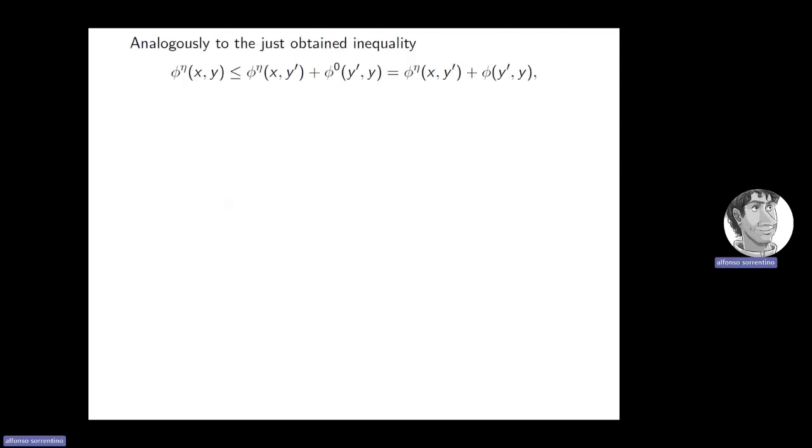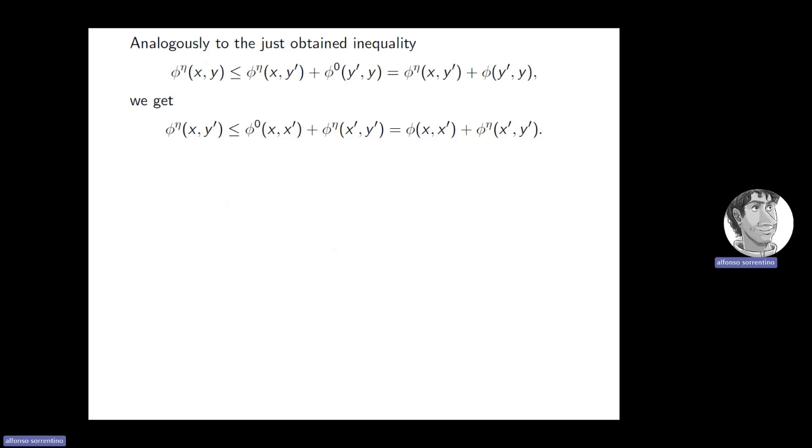So we just obtained this inequality. We can also get phi eta of xy prime less than phi 0 of xx prime plus phi eta of x prime y prime in the same way, but here we write eta as 0 plus eta instead of eta plus 0.